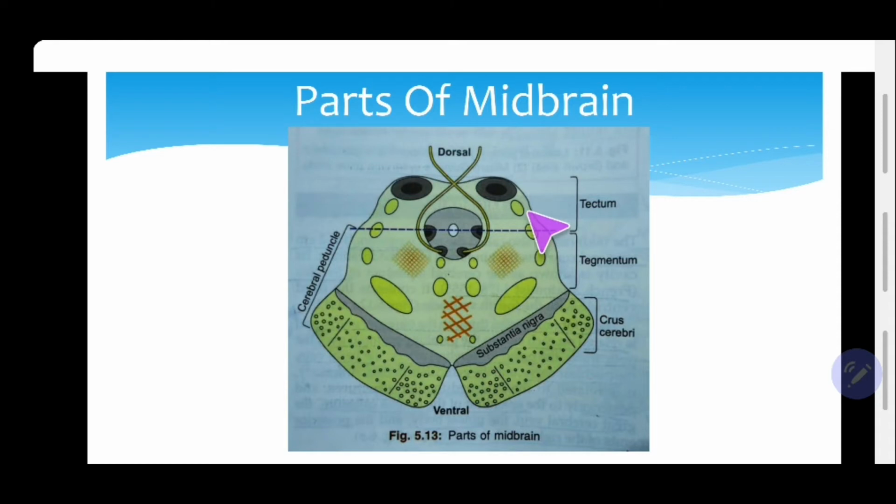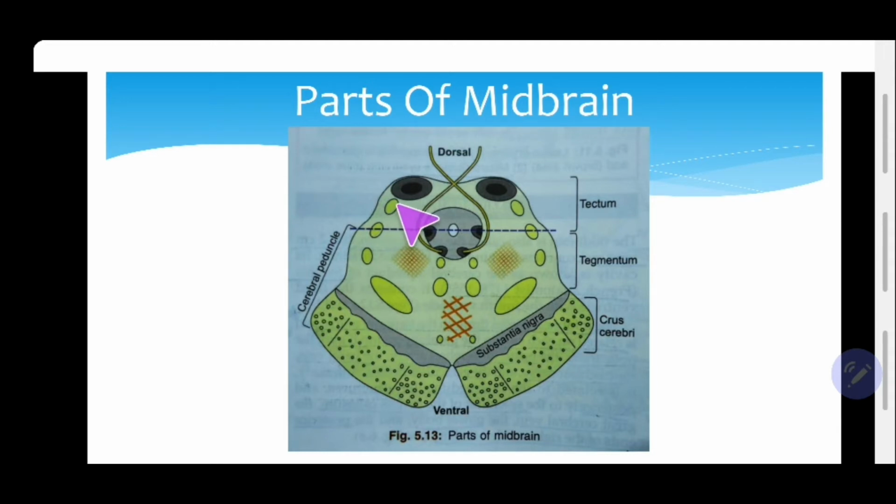So presence of lateral lemniscus in a transverse section is also another important feature of the transverse section at the inferior colliculus, right? Because you won't find this lateral lemniscus at the section of superior colliculus.